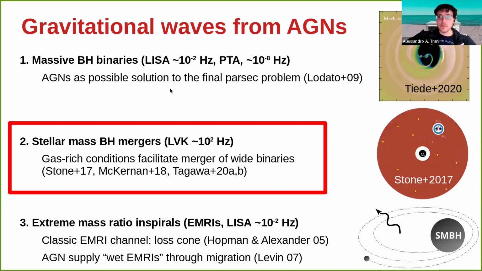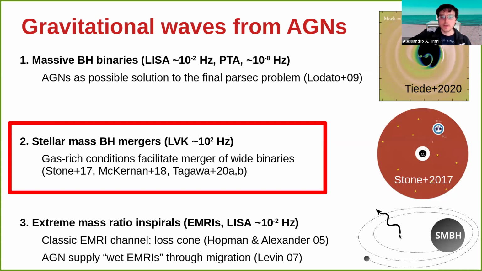If you have not a single black hole but a binary supermassive black hole, like in this picture here, you have binary-disk interactions. The disk basically can torque the binary and speed up the coalescence of the supermassive black hole binaries.